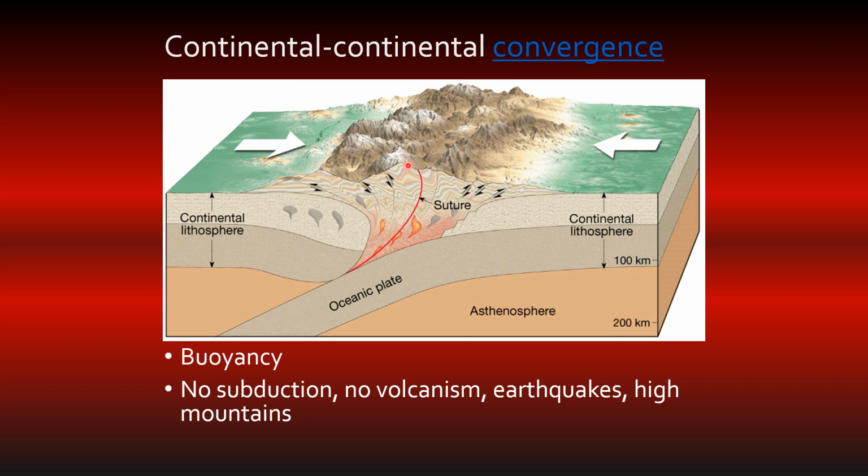And here we get that mountain building, like I said. And this might be a little tricky because I'm saying here no subduction, but there is subduction in this picture. It's just no longer happening anymore. All right, this is stagnant now.